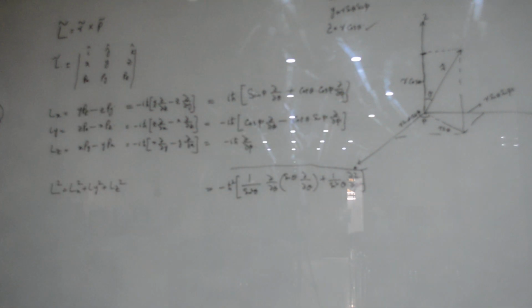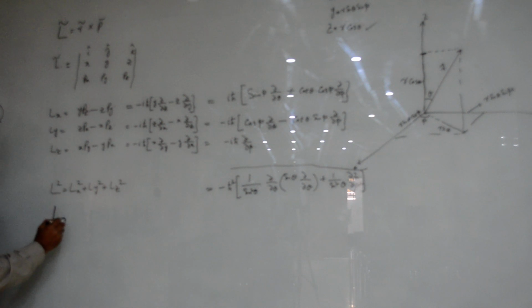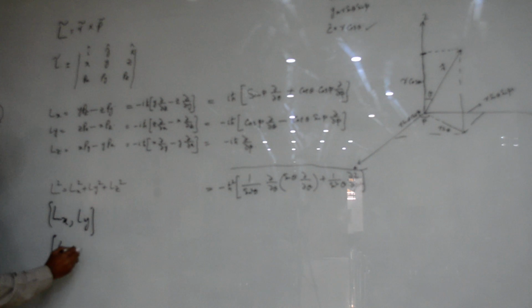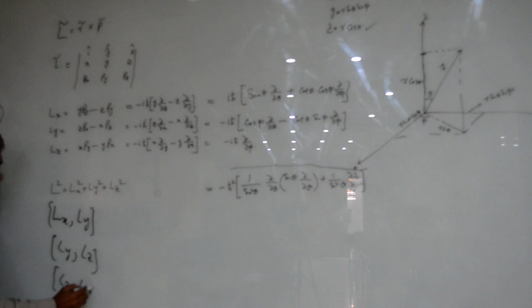Having done with that, we come to the commutation relations. What happens if you have Lx and Ly, and what happens when you have Ly and Lz, and Lz and Lx.